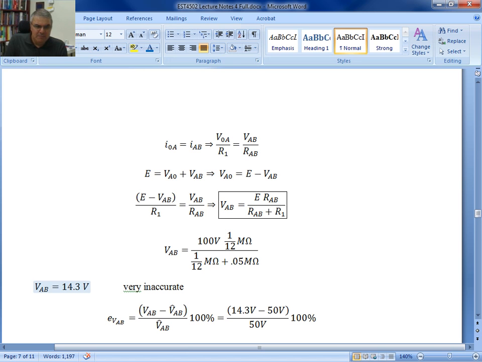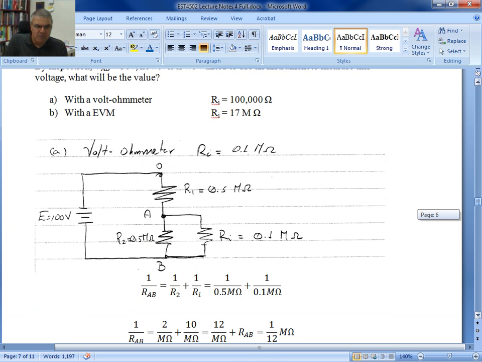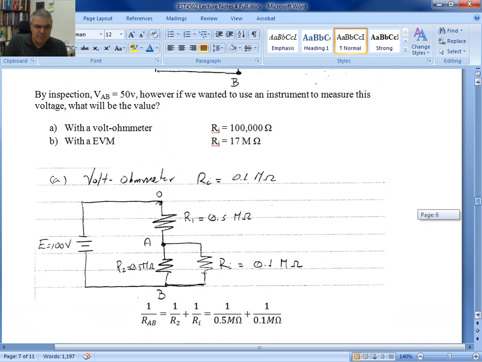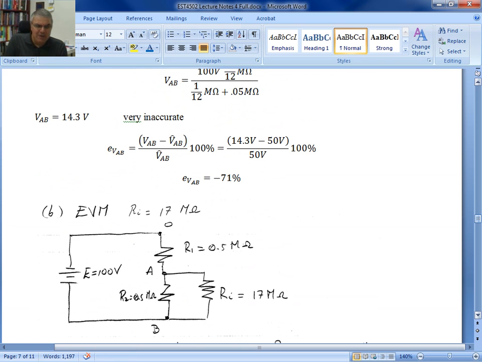That is very inaccurate. And knowing the theoretical values, compare 14.3 to 50, right? But that is pretty inaccurate because the error is like 71% the way we calculate. Now, how do we usually calculate an error?